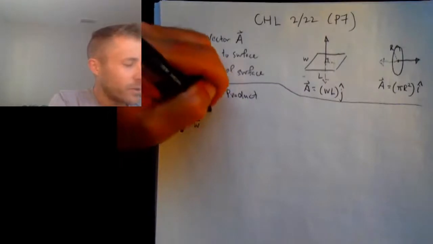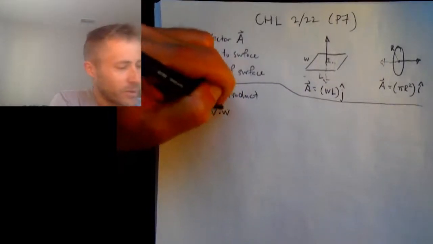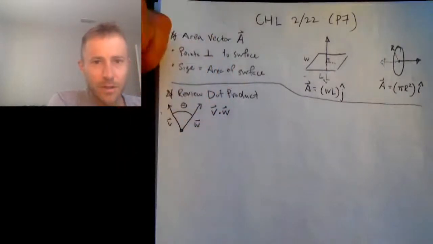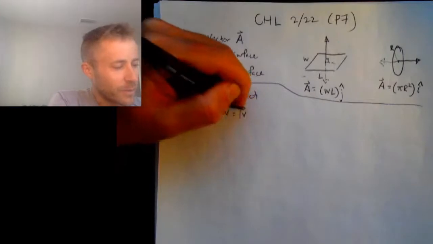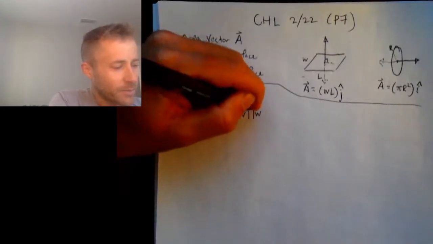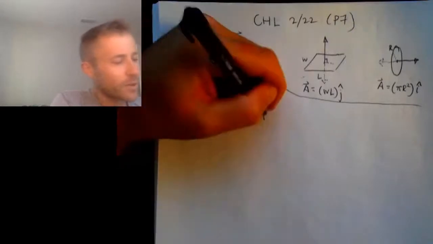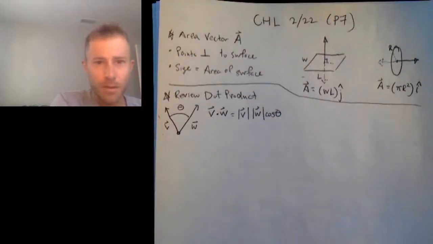The dot product is denoted by v dot w, and it is equal to the magnitude of the first vector times the magnitude of the second vector times the cosine of the angle between them.